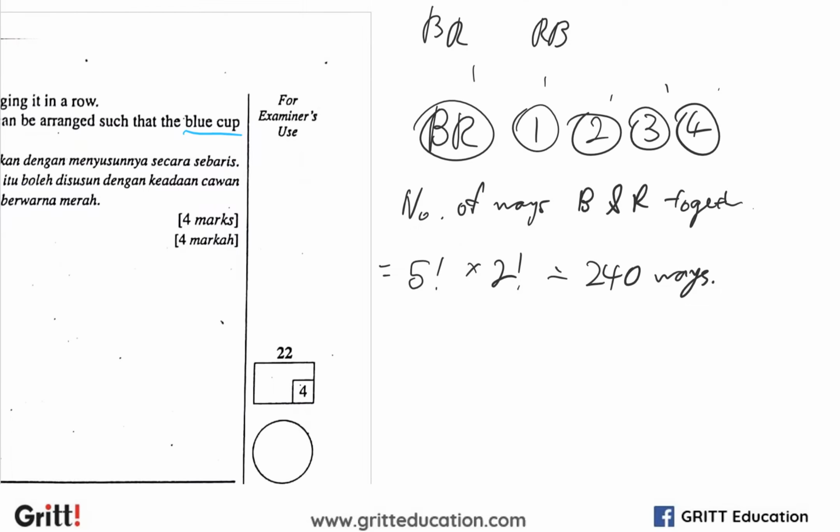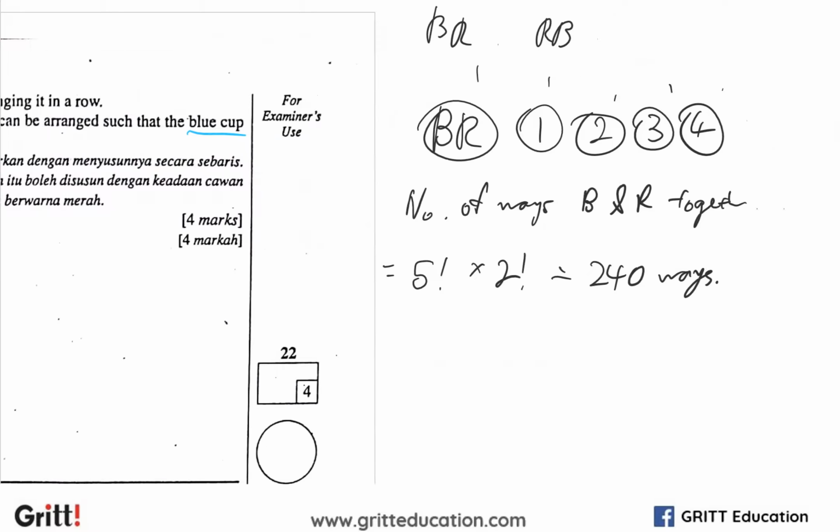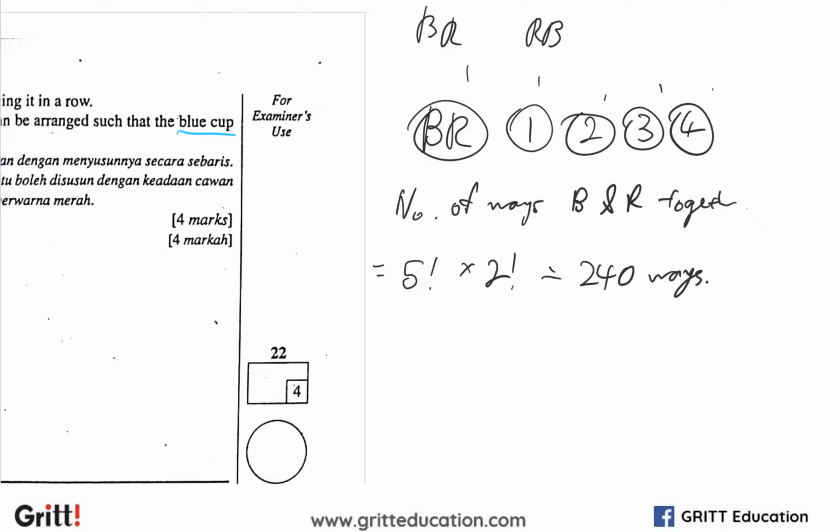So how do you find the number of ways such that they're not next to each other? Basically, it's just to take the total number of ways you can arrange the cups in any way you want, and you minus 240. The number of ways that you can arrange these 6 cups in any order you like is 6 factorial, since there are 6 cups.